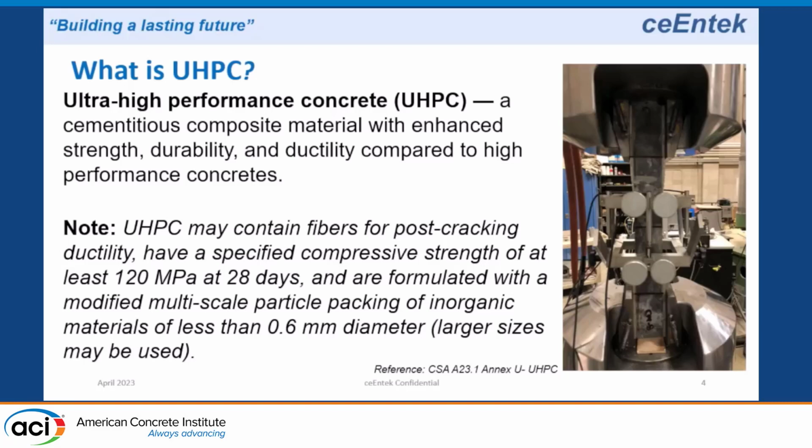It's formulated with very fine materials which give you particle packing, a very dense matrix. It has a very low porosity so that gas and liquids cannot migrate within the matrix. It's an order of magnitude less permeable than high-performance concrete and 2 orders of magnitude less permeable than normal concrete. And that's what gives it a lot of its durability properties.